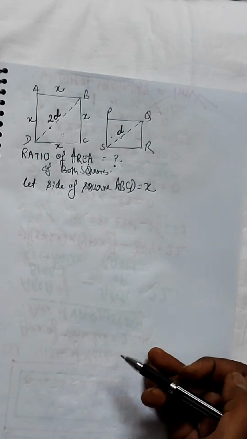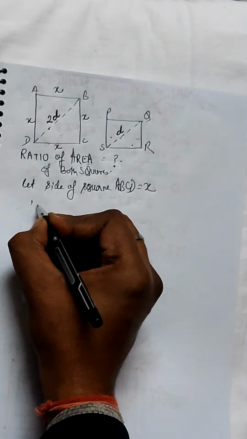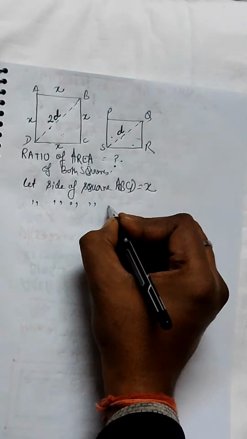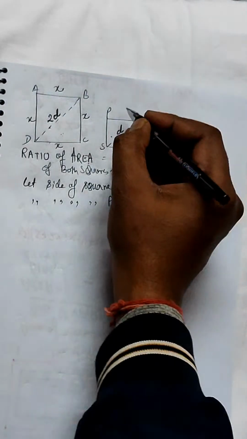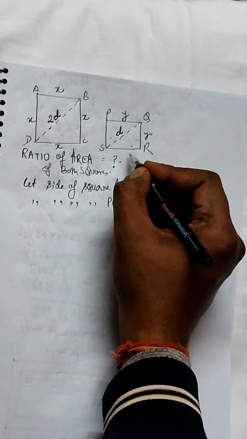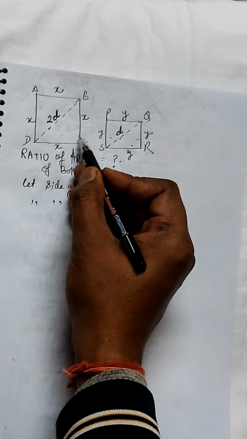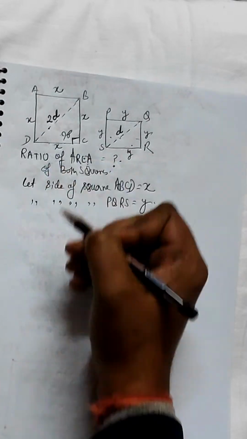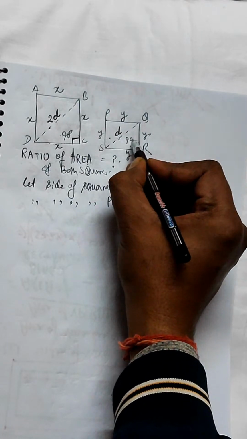Now for the second one, similarly, let us assume the side of square PQRS as y, so this will be y, y, y, y. We know that the adjacent sides of a square are at 90 degrees, right? So this will be 90 degrees. Similarly, in this square PQRS, this will be 90 degrees.